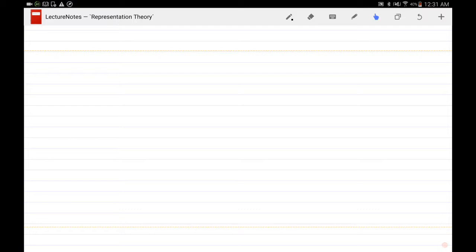And it's the language of modules. So this is going to be an introduction to modules.